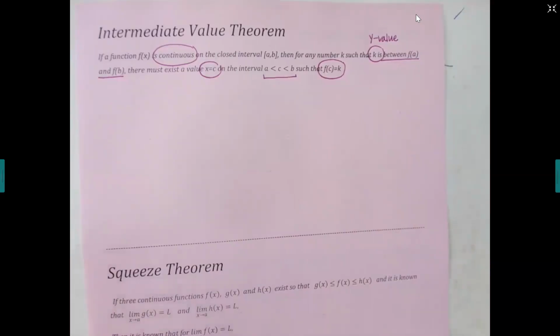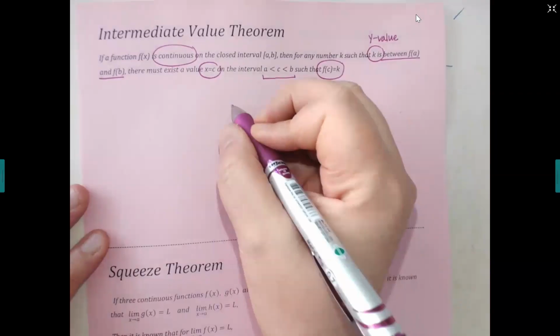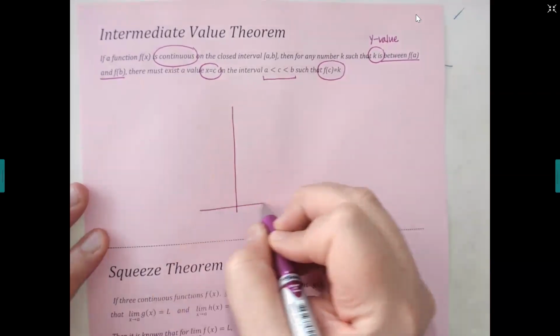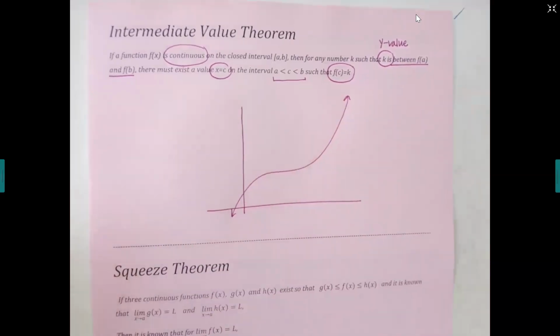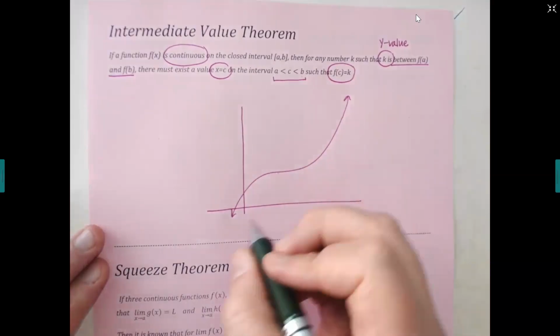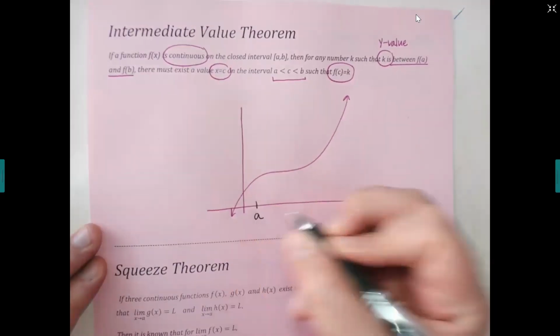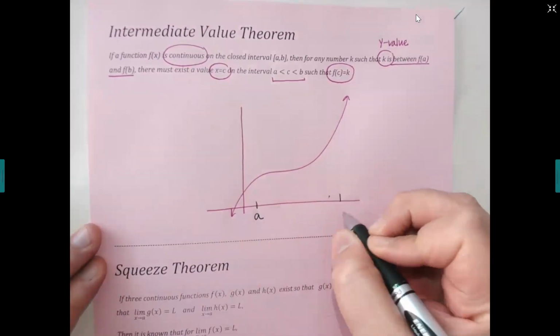Now, I know that right now you're like, what? So let's draw a picture. Give me a little graph here. Here's what intermediate value theorem says. First thing is your graph has to be continuous. If it's not continuous, you can't use intermediate value theorem on it. If I picked 2 values, I'm going to call them A and B. Let's say that A is here and B is over here.